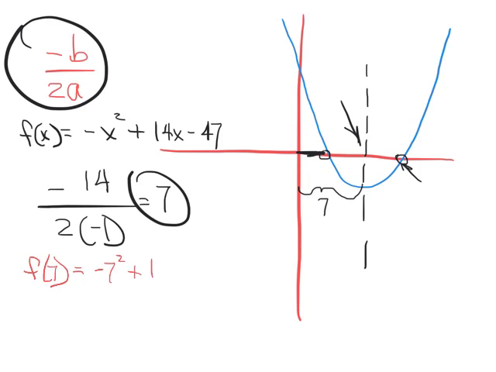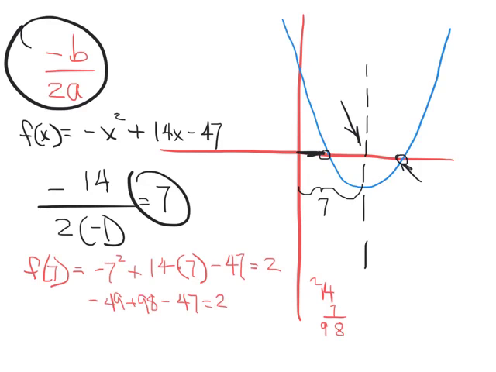Plus 14 times 7 minus 47. And when you do the math, you end up getting 2. So right here is the actual math that got me the 2. So when x is 7, y is 2.